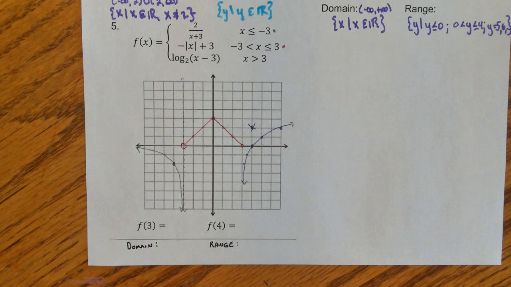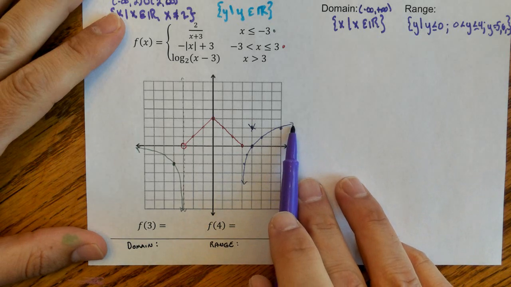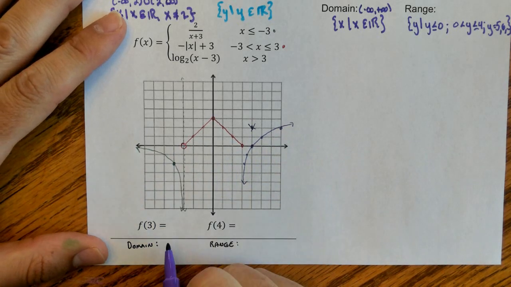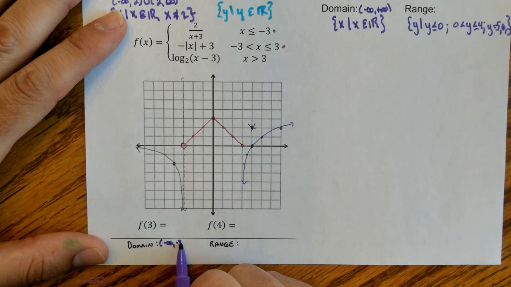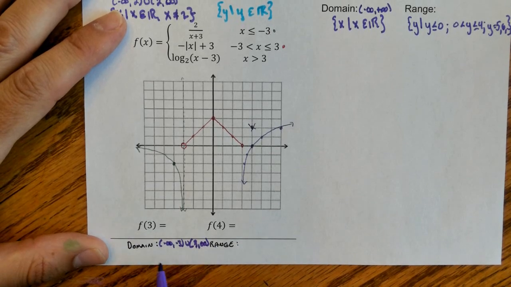So as we go across, starting with our domain, arrow to arrow, but notice we do not equal at negative 3, so we would have to be able to say negative infinity, negative 3, union negative 3 to infinity.